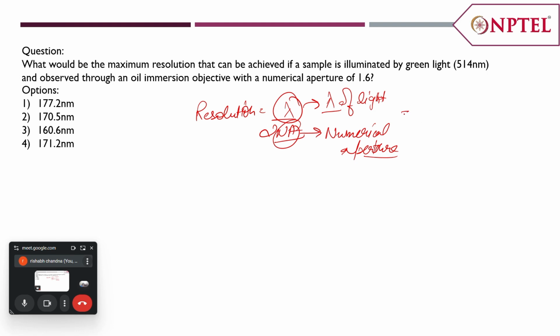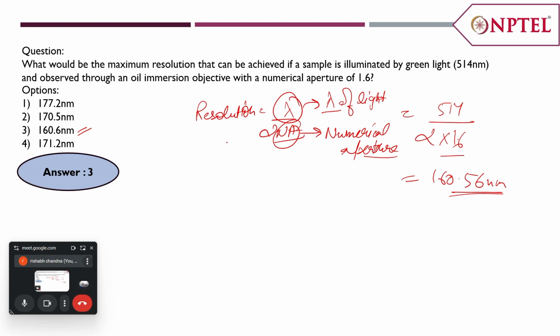Here we have lambda, that is 514 nanometer, and 2 into 1.6. So this comes to roughly 160.56 nanometers. So here the correct answer would be option number 3.